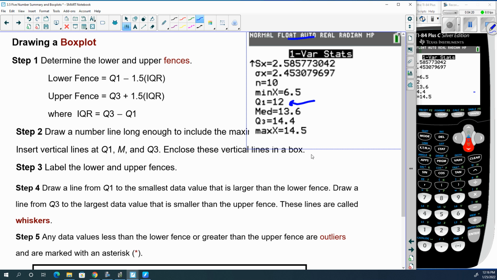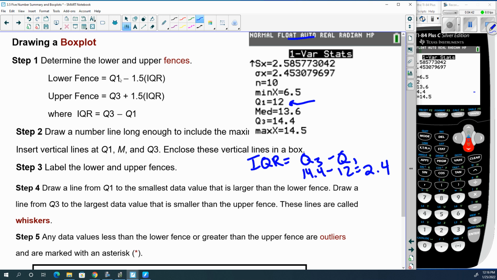To get the interquartile range, you take quartile 3 minus quartile 1. But in StatCrunch, you can select interquartile range and just get that number. My quartile 3 was 14.4, and then I minus off quartile 1, which was 12, and I get 2.4.